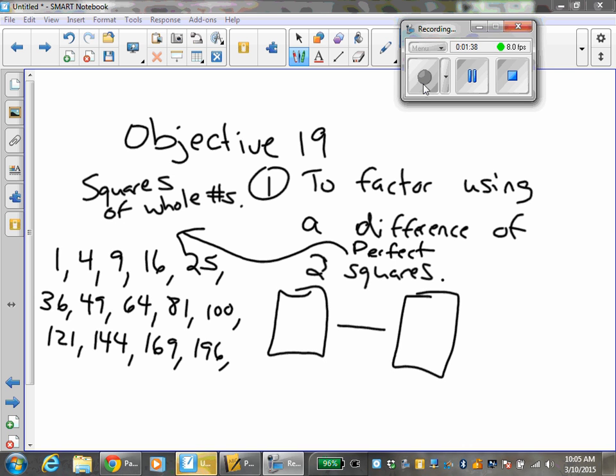Awesome. 256, 289, 324, 361. Awesome. Very good, though.